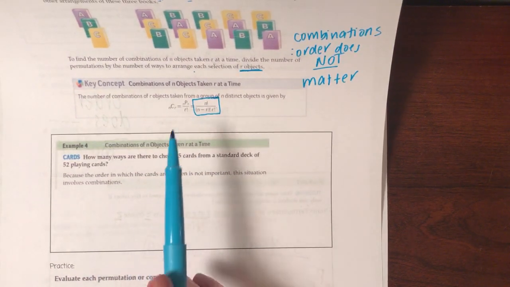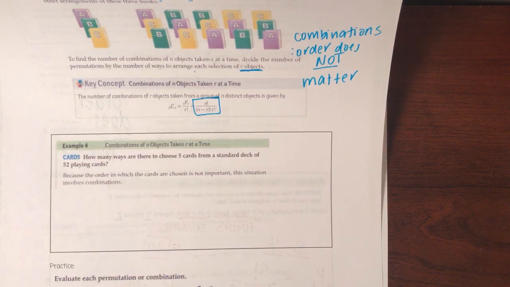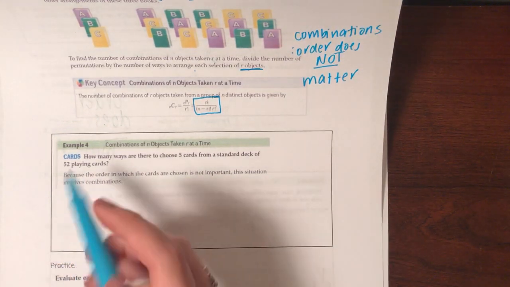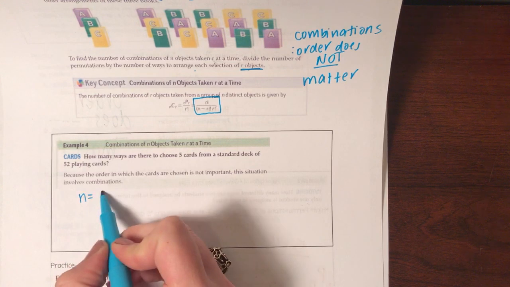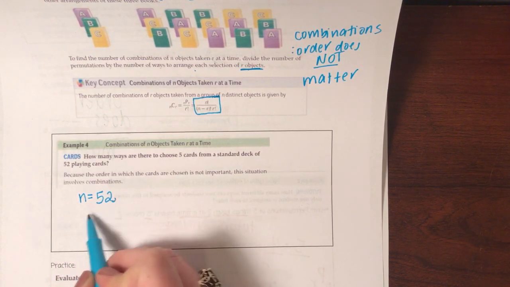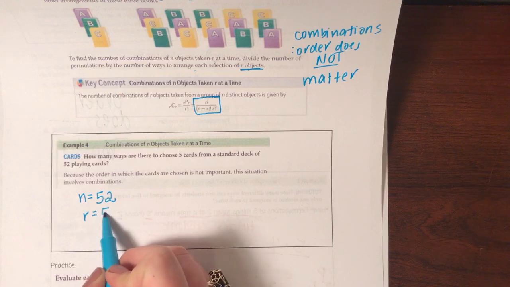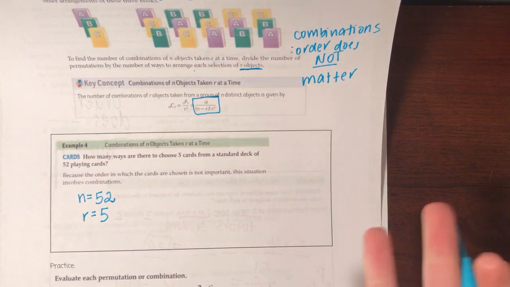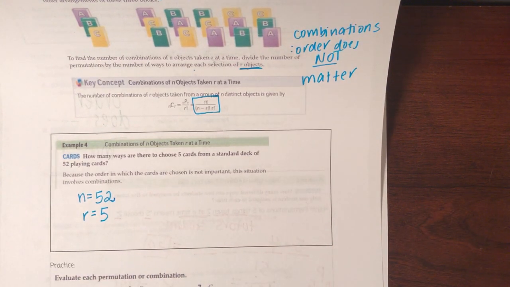So we are taking n objects, the total number of objects, that's 52. That's our total. And we're taking them how many at a time? Well, we're taking them 5 at a time because we're only choosing 5 cards.